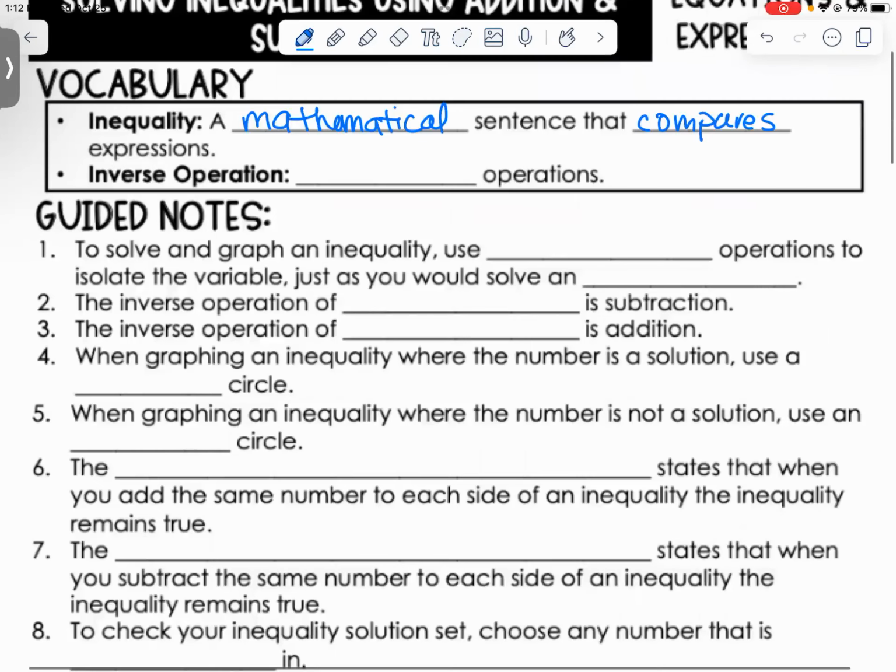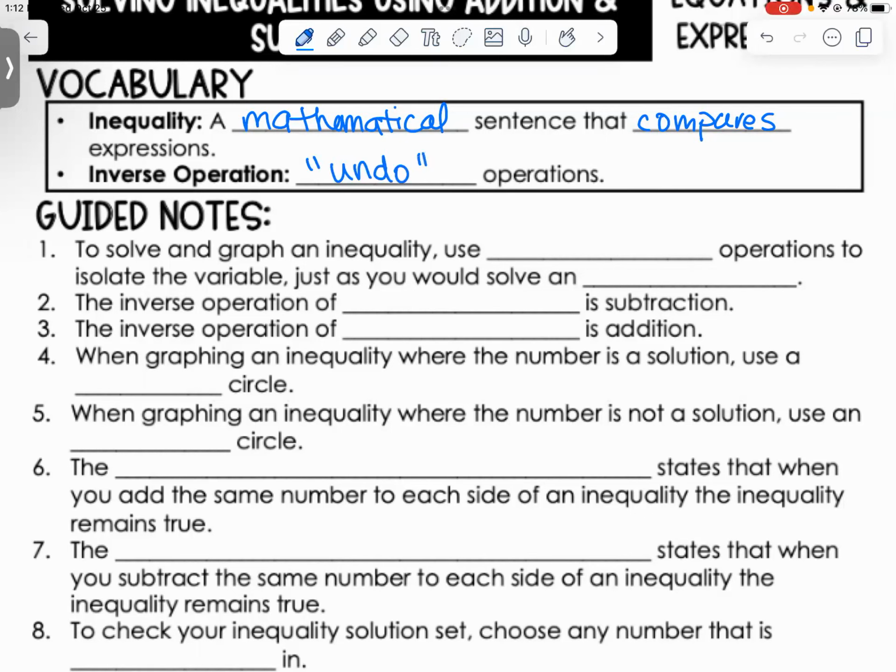Okay. Now, we had a really hard time coming up with the word inverse. What is a simple word for inverse that we use? I think somebody even used it before we came up with, not opposite. What did you say instead of inverse? What word did you say, Peyton? Yeah. She said undo.